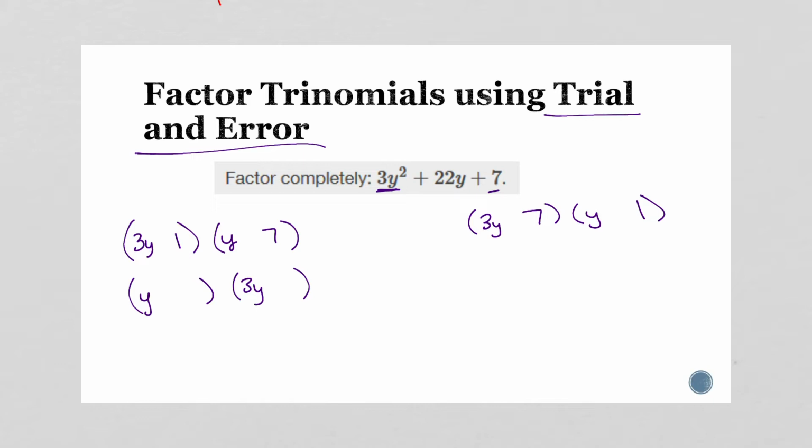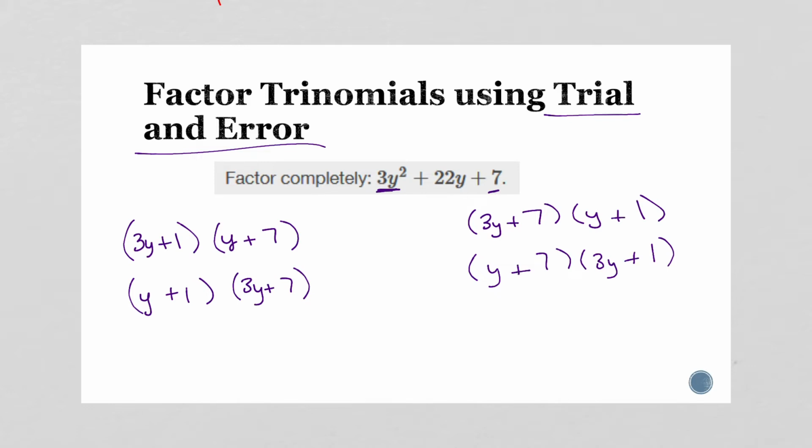And then since we have the y first and the 3y second here, we've got to write it this way as well. There we go. Okay. And I know that because both of these are pluses, you have to have plus signs in all of them.